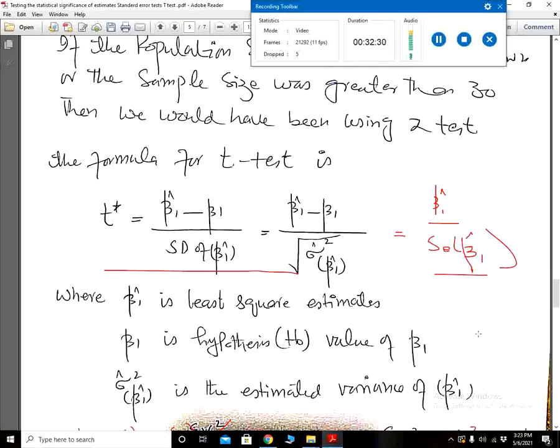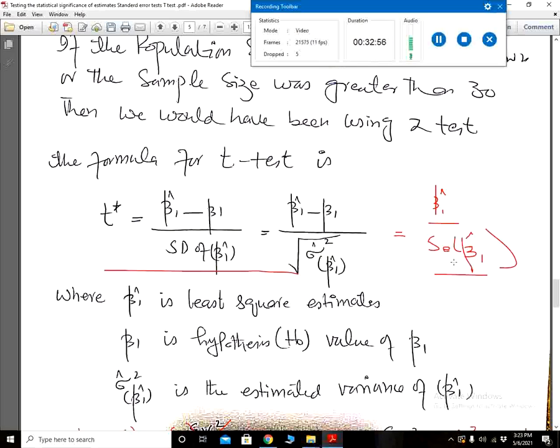From the comparison of the coefficient value and the standard error value, we can say that if the coefficient value is at least twice the standard error or more than twice the standard error, we will reject H naught. If it is less than twice the standard error, we will accept H naught.